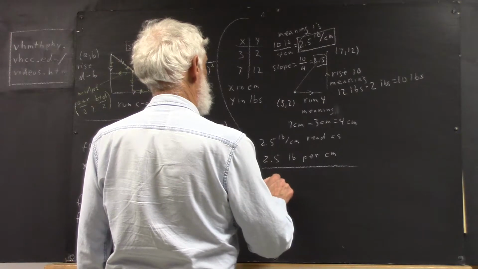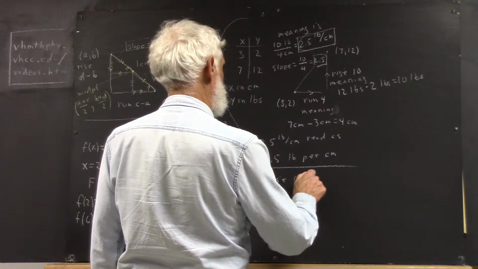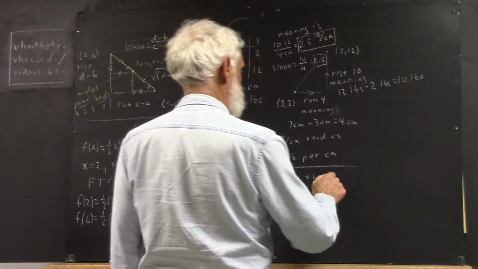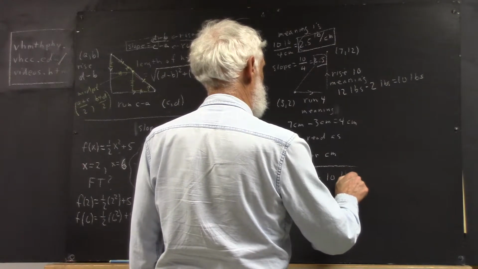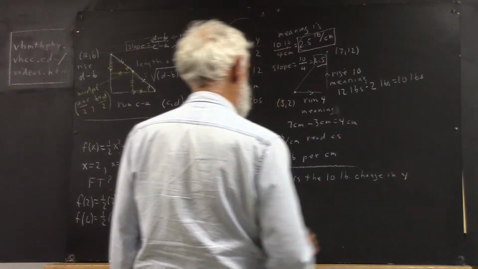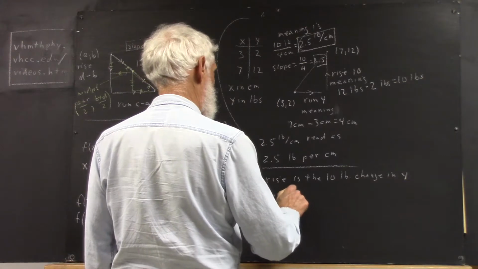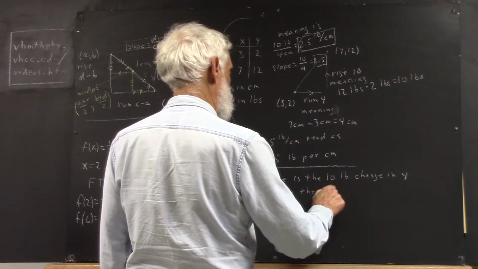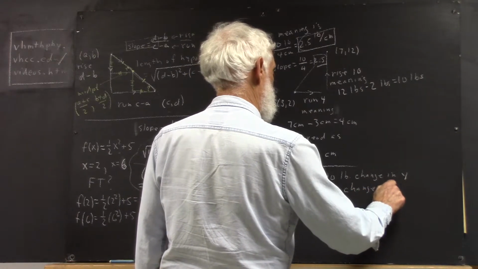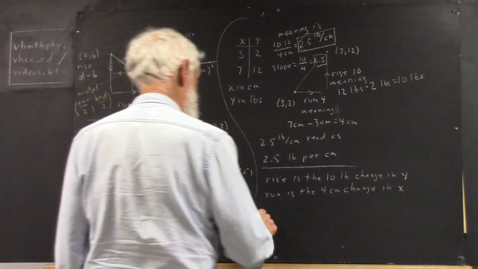Okay, the rise is the 10-pound change in the y coordinate. The run is the 4 centimeter change in x.